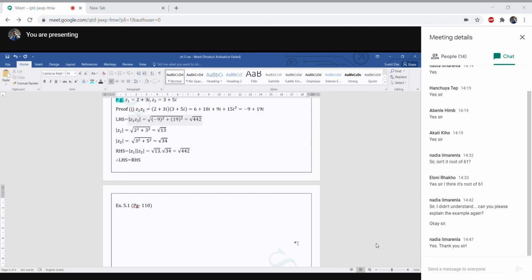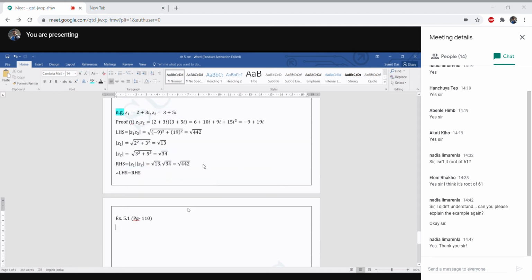Let me show. Multiplicative inverse means, oh, one thing, let me show you one thing. Here I must forget one thing, that is multiplicative inverse. Let me say you what is multiplicative inverse, then I will explain.